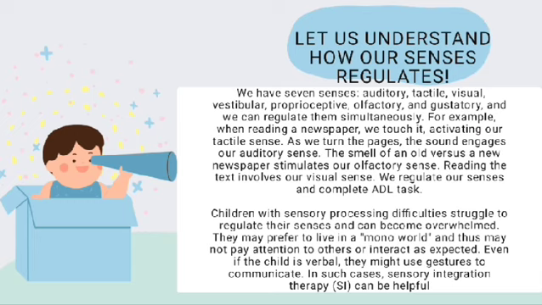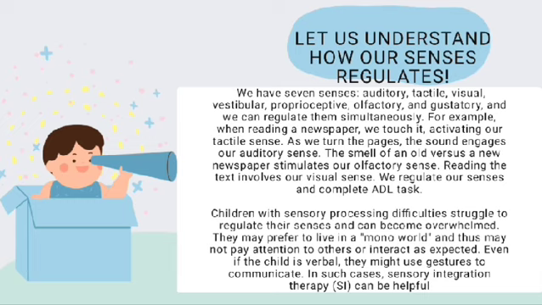And we have to regulate them simultaneously. For example, when reading a newspaper, we touch it, which activates our tactile sense. As we turn the page, the sound engages our auditory sense. The smell of an old or new newspaper stimulates our olfactory sense. Reading the text involves our visual sense. We regulate our senses and complete the ADL task.